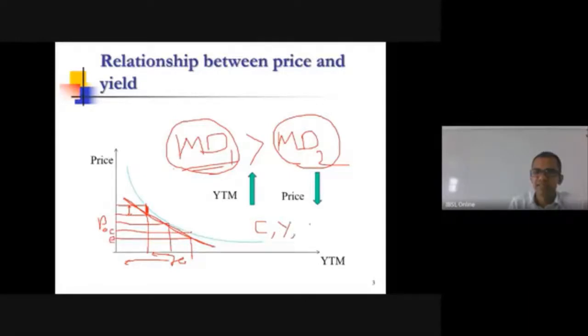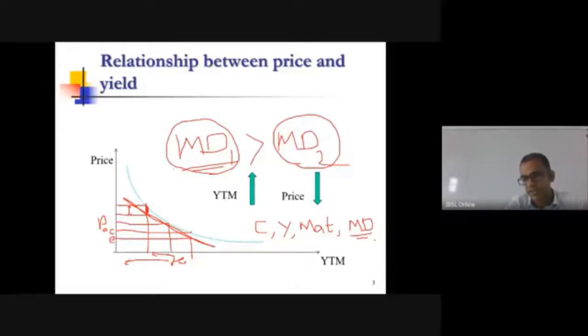One thing, now you should be able to understand the relationship between coupon, yield, maturity, and duration. I'll put it as modified duration. If the coupon is high and the yield and maturity remain the same, what is the impact on the modified duration?